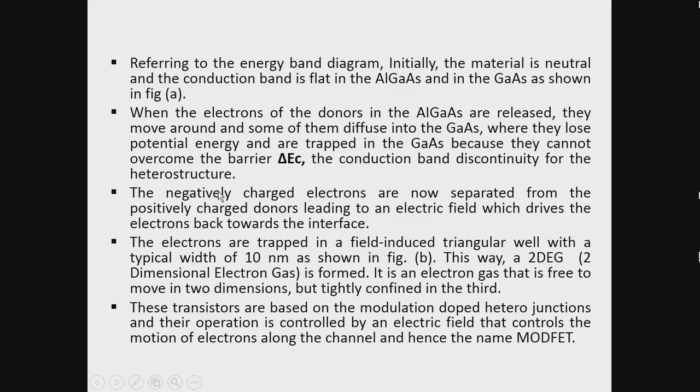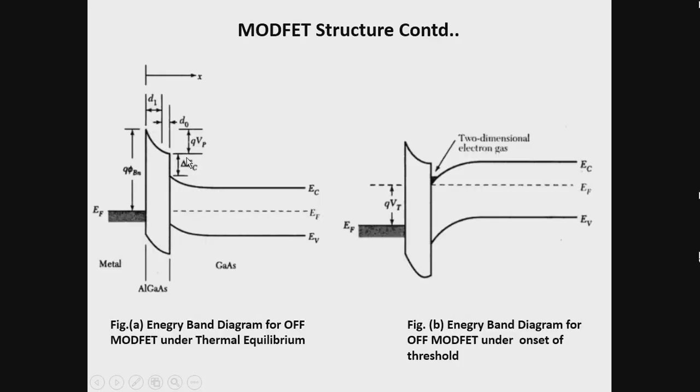So the electron from the aluminum gallium arsenide has to pass through the D0, the spacer thickness, and has to cross over this barrier due to the conduction band discontinuity too.